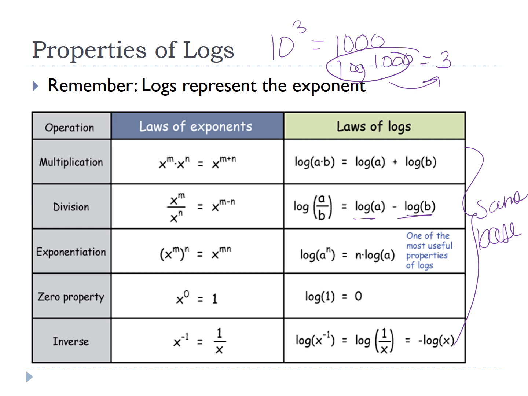So when you have an exponent here, to power to a power, you can turn that into a coefficient, multiplication. Anything raised to the 0th power is 1, so the log of 1 equals 0. When you have a negative exponent, you're going to take the reciprocal, so you can do the same thing here, which makes this the coefficient.